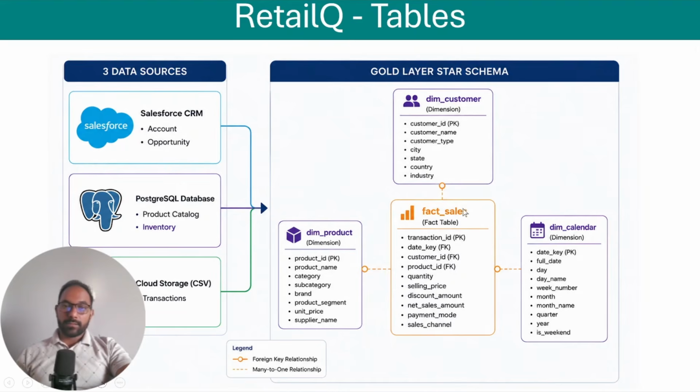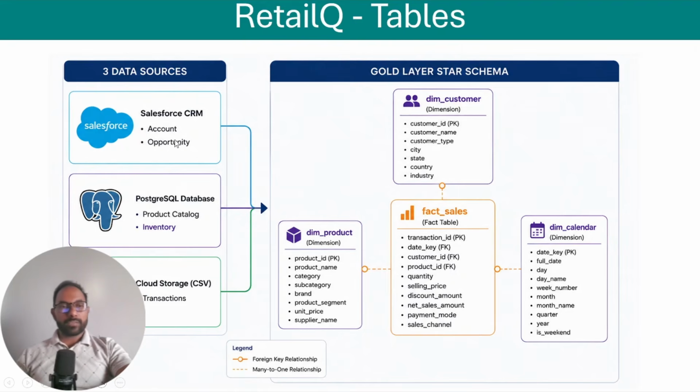And then this is the most important piece, which is the fact sales. So this table is a combination of our transactions and the orders. So when I say transactions, transactions are directly coming from our CSV file. And when we say orders, orders is nothing but the opportunity table.